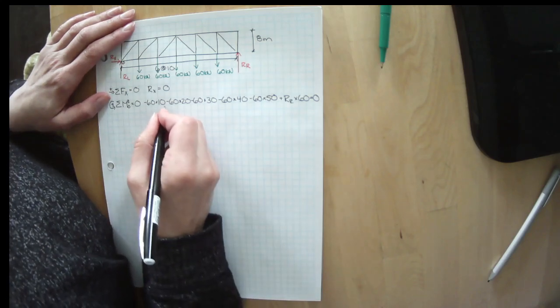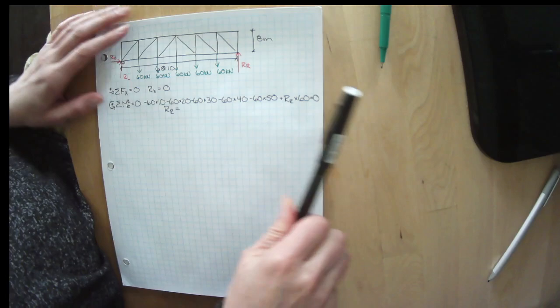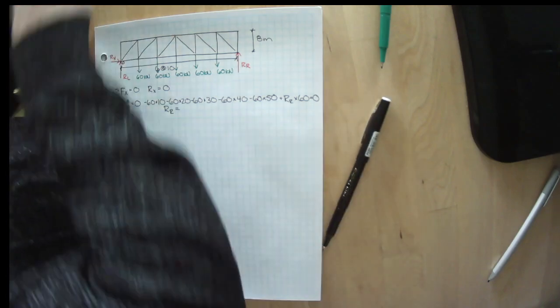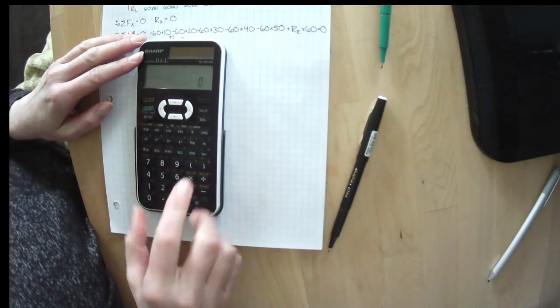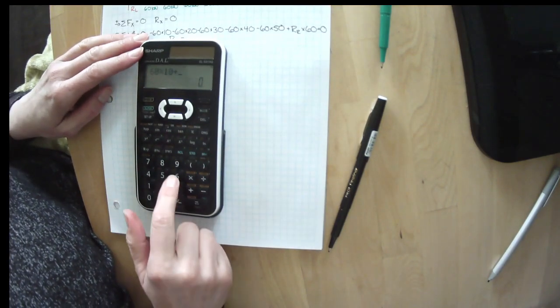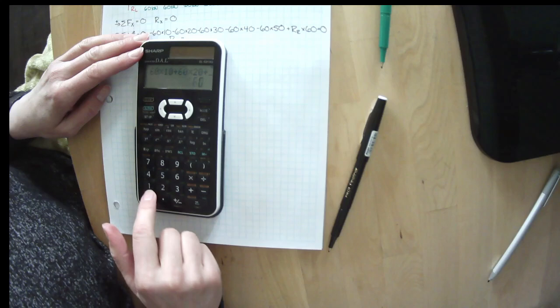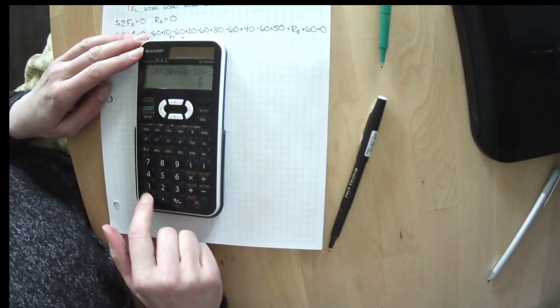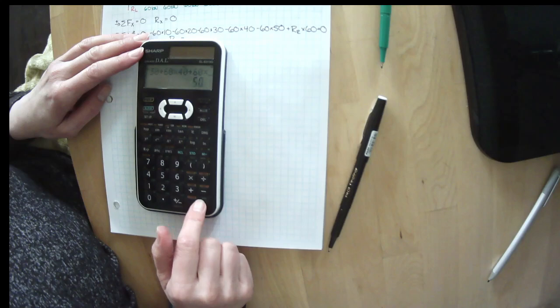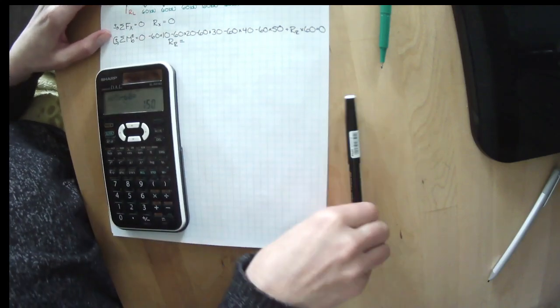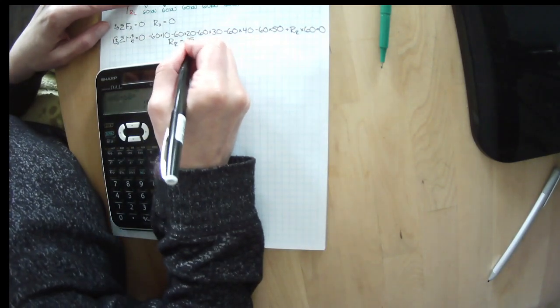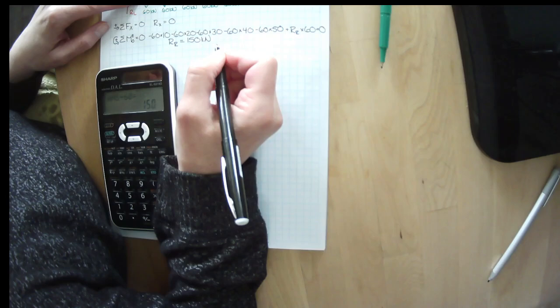I can now rearrange all this, and I can find that RR equals, these will all come over and be positive, 60 times 10 plus 60 times 20 plus 60 times 30 plus 60 times 40 plus 60 times 50, divided by 60. I get RR equals 150 kilonewtons.